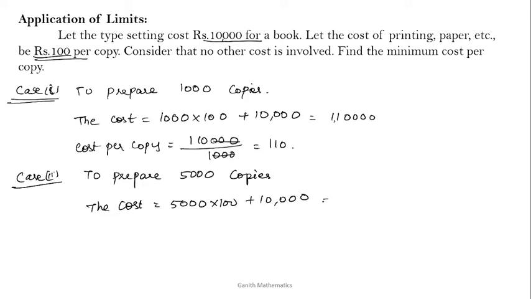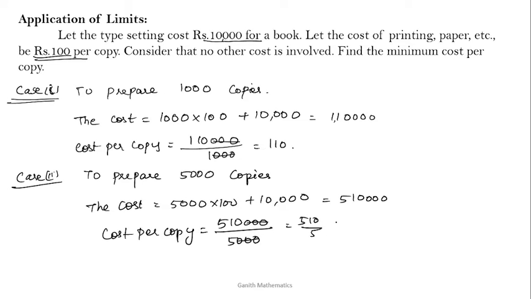So it will be 5,10,000, and cost per copy equal to 5,10,000 divided by 5,000. So this will be 510 divided by 5. So it is 102.